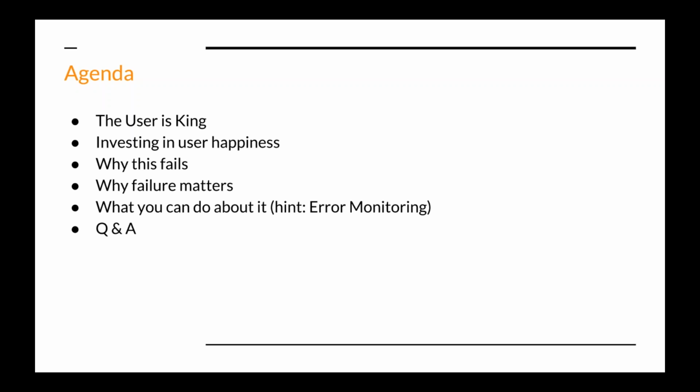And that matters because at the end of the day, user happiness is what's going to make your business succeed or fail. And then we give you a little bit of an overview on what you can do to basically improve that and make sure that all the other resources you're plowing into user happiness and user experience actually result in the service being something your users get excited about. And then, like I said, we'll jump into questions.